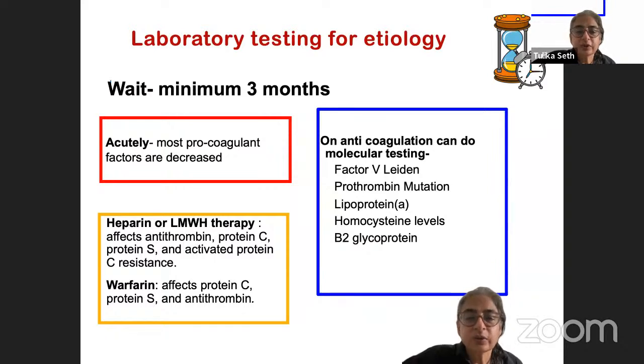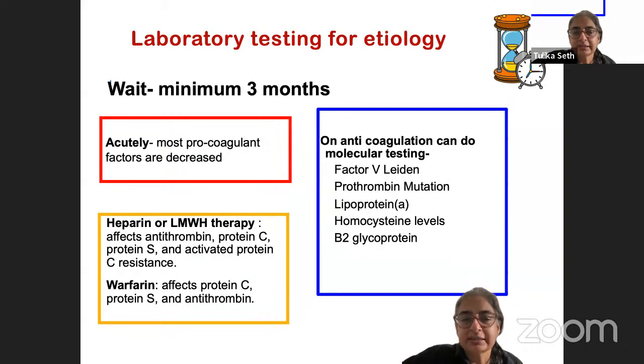The other thing is that if you have an acute and serious thrombosis, you will start some anticoagulation. Whether you're using heparin or low molecular weight heparin, or a vitamin K antagonist, these will also interfere with your test. So in general, if you want to test for the etiology of a thrombosis, we wait for a minimum of 3 months.